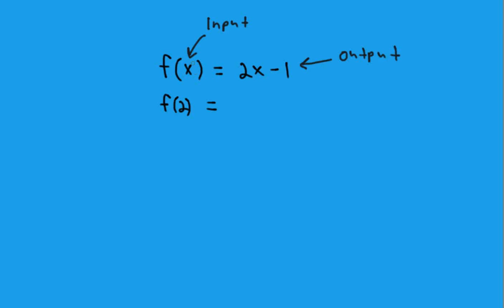So whatever number we have in here, we're going to substitute that as our x value. So in this case, 2 is our x value. So we're going to substitute 2 for x. And now we have 4 minus 1, which is equal to 3.